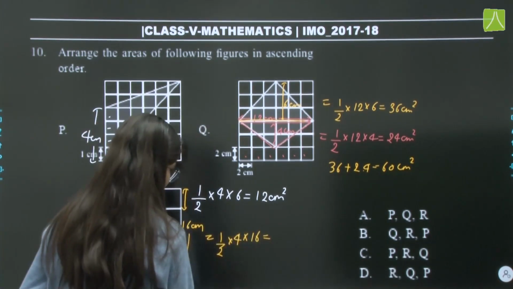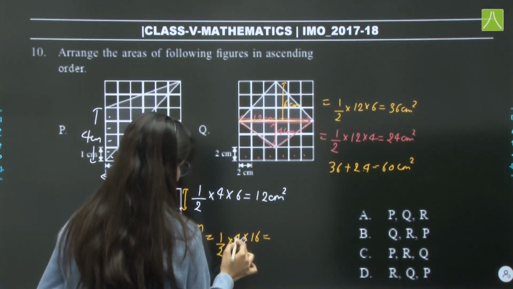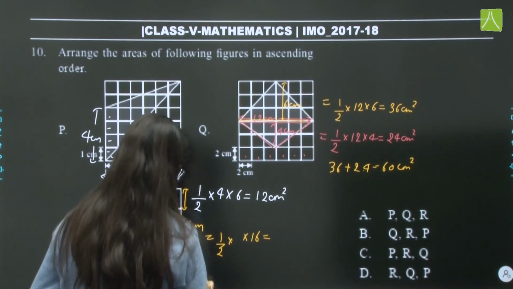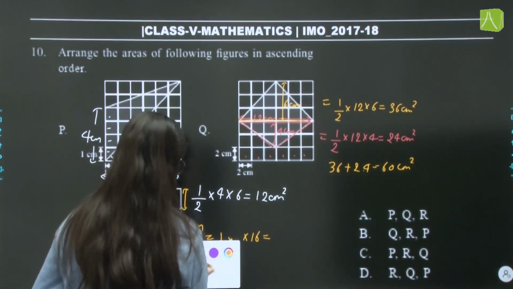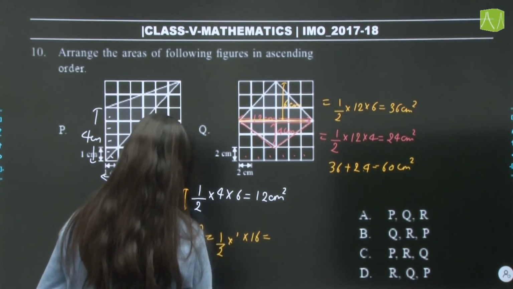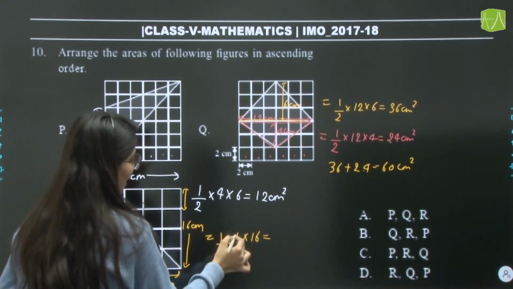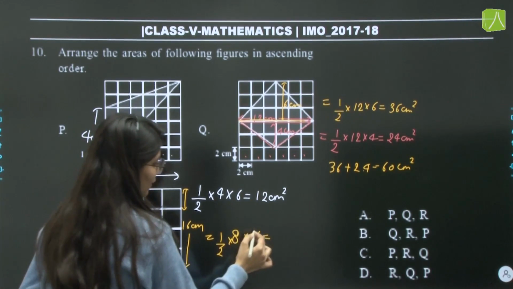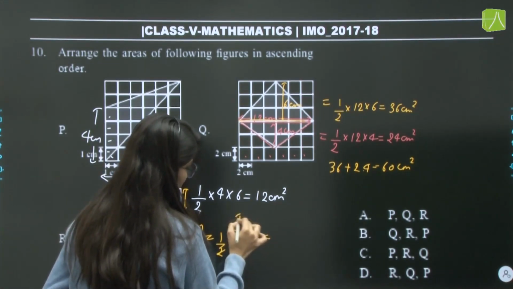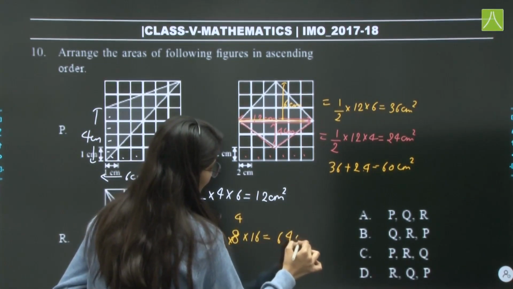Sorry, it's not 4, it's 8. So half into 8 into 16. Now you can cut this to 4. This will be 64 centimeter square.